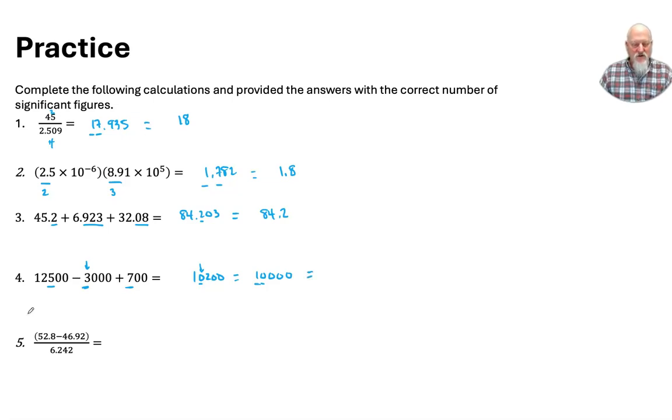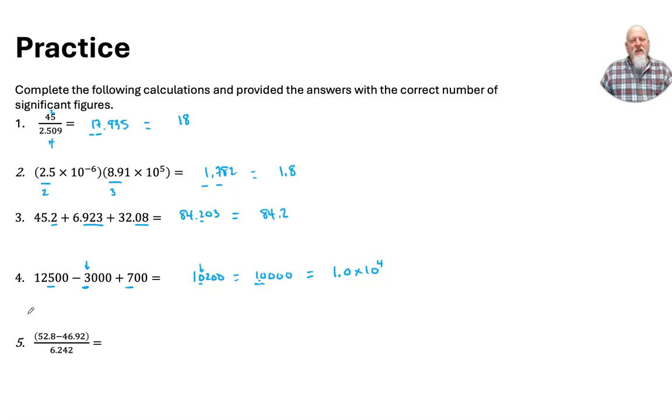So what I should do is write this in scientific notation. 1.0 times 10. So I've got to shift the decimal 1, 2, 3, 4 to get it right there. So I can write it as 1.0 times 10 to the 4th. Right? Because I can show 2 significant figures there, and it's still 10,000 because I take 1.0 and multiply by 10 4 times, and that gives me 10,000.